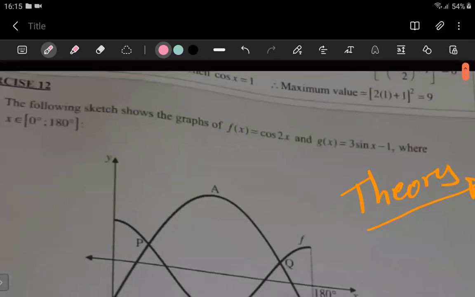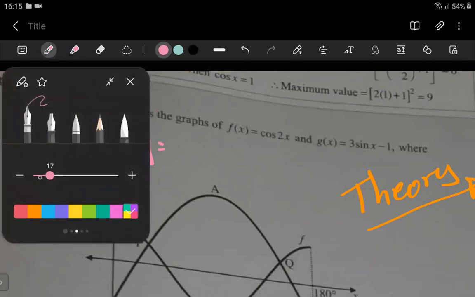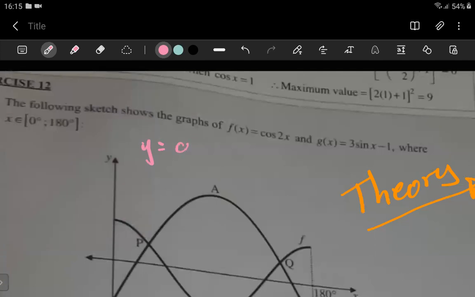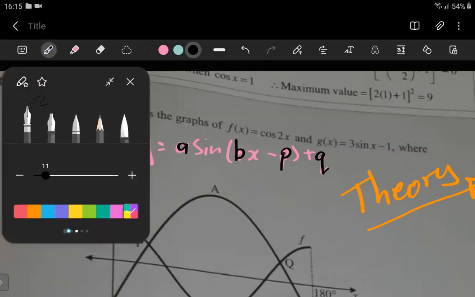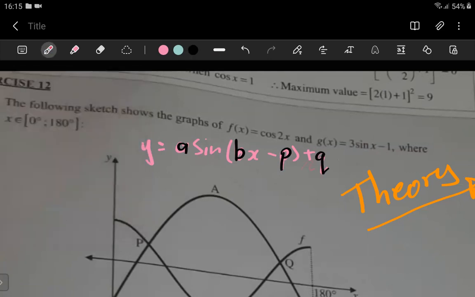We all know that with a trigonometric function, the format that you can always look out for is this. You'll have A, and then a trig expression here, and then bx minus p plus q, of which these letters, A, B, P, Q, all mean something specific.